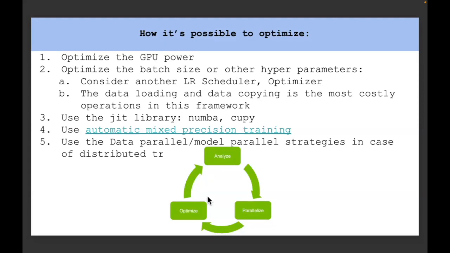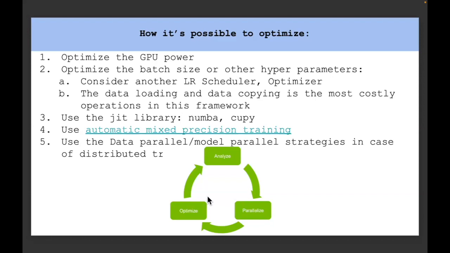Another way is to simply change some tunable parameters, like the batch size, or do hyperparameter tuning concerning not only the precision metrics, but energy and CO2, for example, and run the optimization in this way.